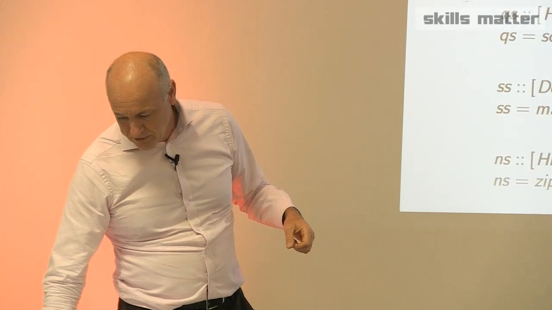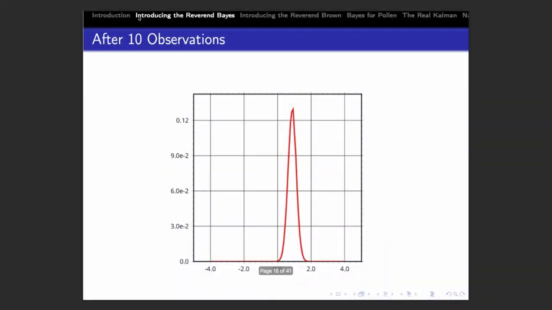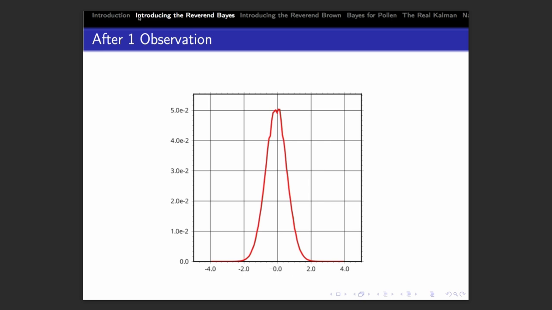So here's your histogram after one observation, and then after 10 so you can see it's not really moved very much. Actually, I should have printed out the first item of data. I think it was about -1 or something crazy, the first one. So the histogram didn't move very much.